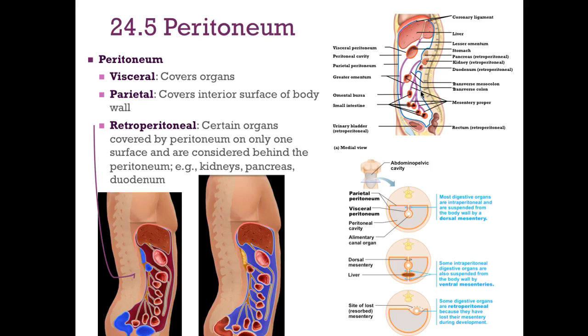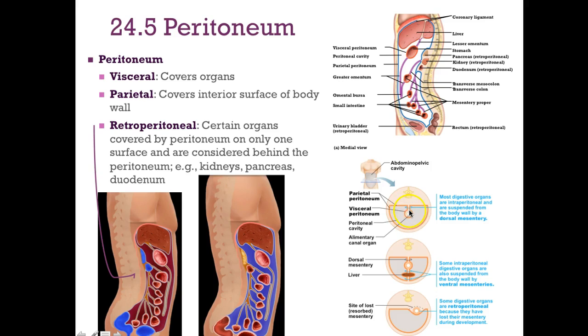What do we need to mention here? So this is showing you the development of some of the mesenteries. So let's orientate ourselves. Here is posterior, so this is our vertebrae, and this is our GI tract.